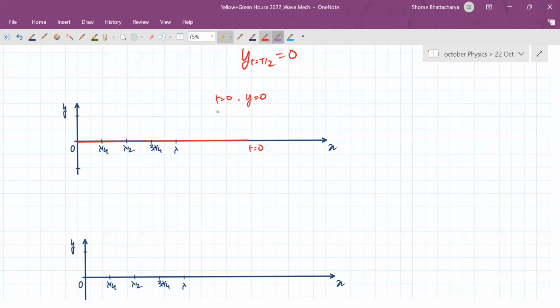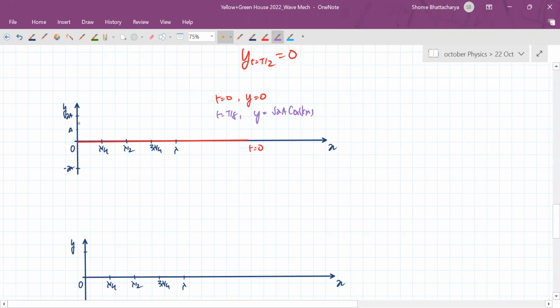Then when we incremented it to 1/8 of the time period, we saw that y was root 2a cos kx type of graph. So if this is, let's say, a, and therefore this is 2a, root 2a is somewhere in between the two.